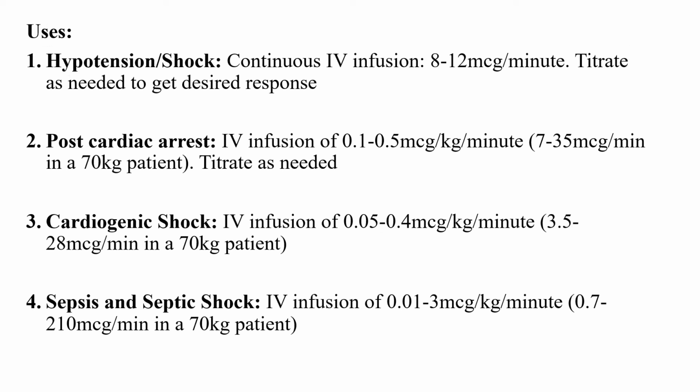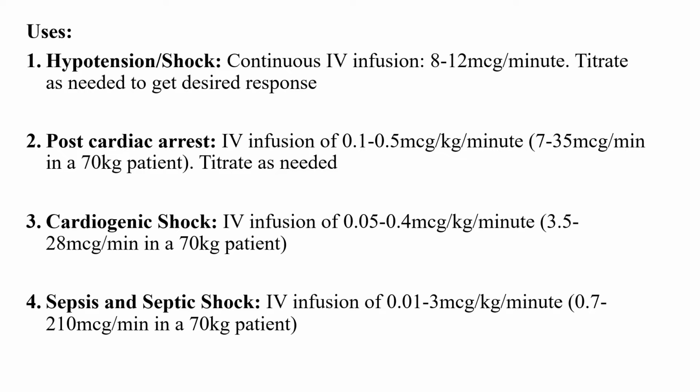And the uses of noradrenaline: they use it in case of hypotension or shock, and this noradrenaline is given through IV infusion, and the dose is 8 to 12 micrograms per minute in case of hypotension and shock, and in case of post cardiac arrest, the dose is 0.1 to 0.5 micrograms per kg per minute.